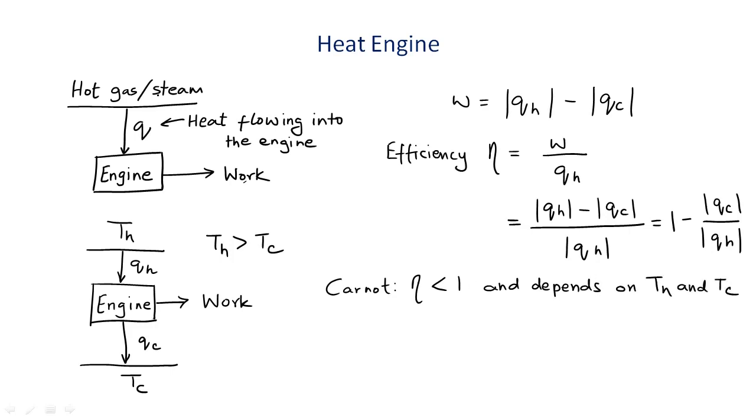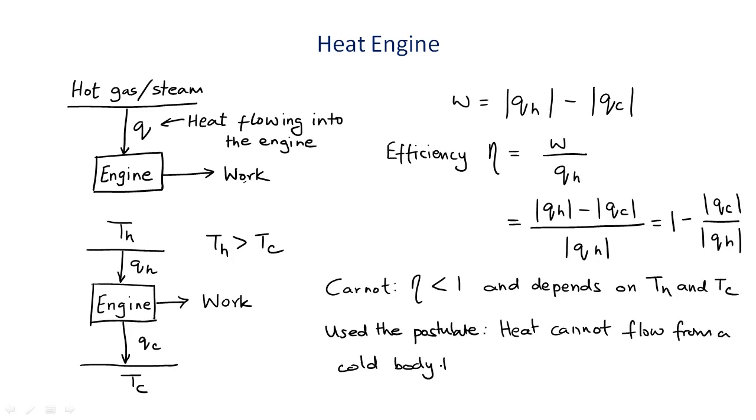In his arguments, he used the postulate that heat cannot flow from a cold body to a hot body without the input of work. Let us understand this in detail.